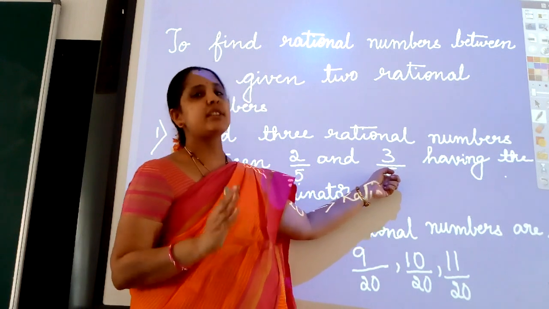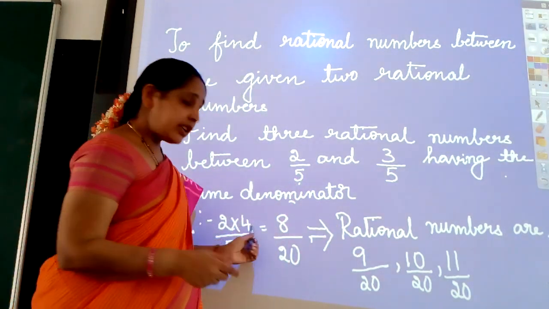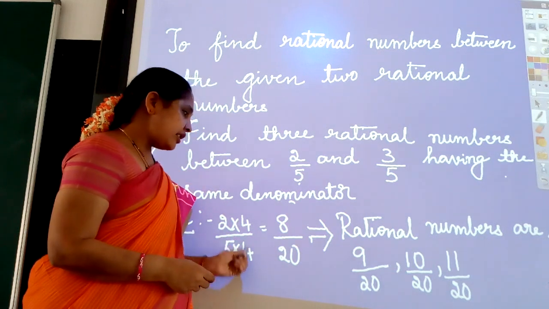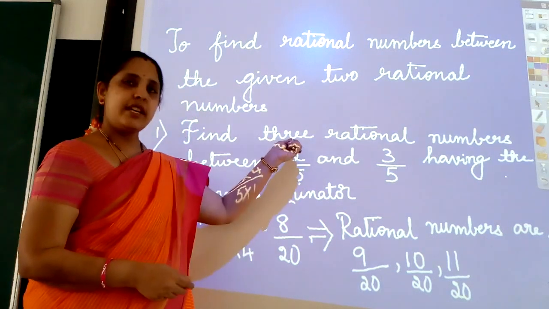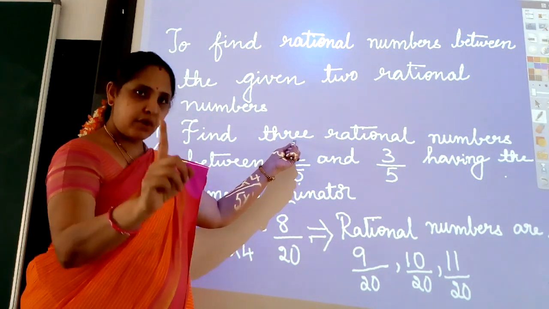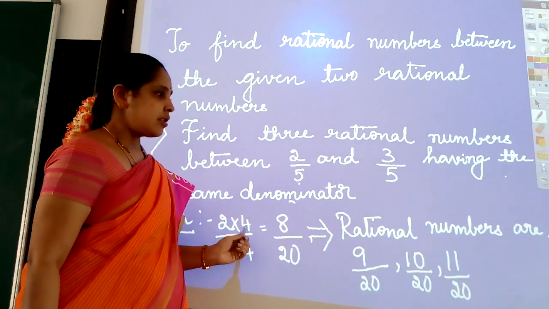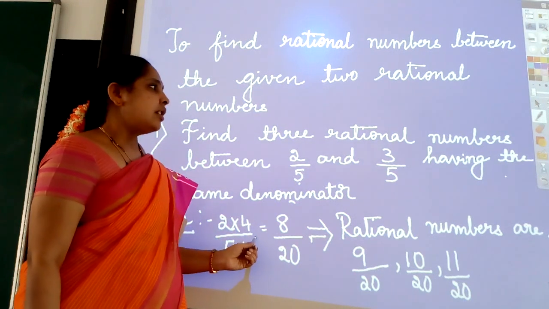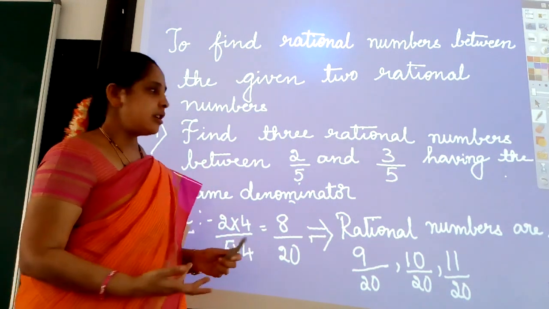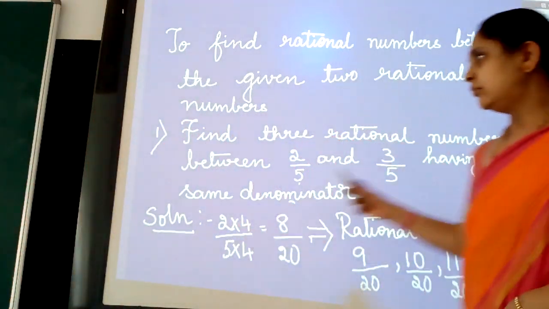That is the logic that we have to follow. That is why I didn't multiply the numerator and denominator by 3 directly here. I added one more number to that and then multiplied by 4. So this is how we get the rational numbers in between the given two rational numbers.